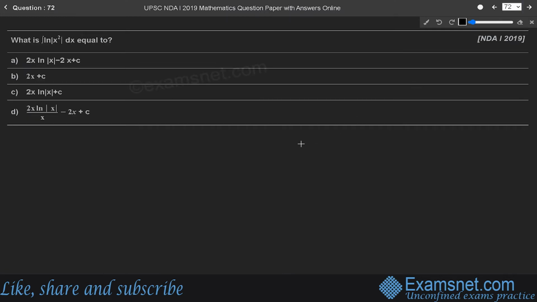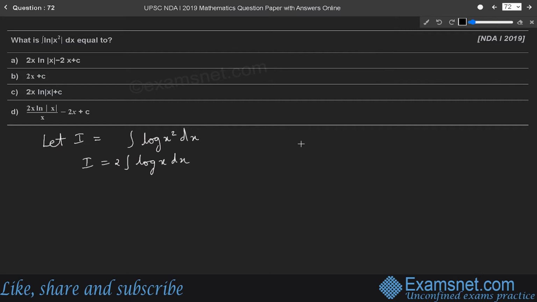Next question is, what is integration of log of x square dx equal to? Since we have to find its integration, therefore let I is equals to integration of log x square dx. On further solving, I will be equals to 2 into integration of log x dx.